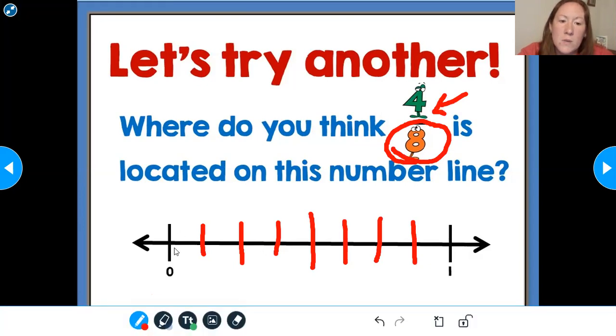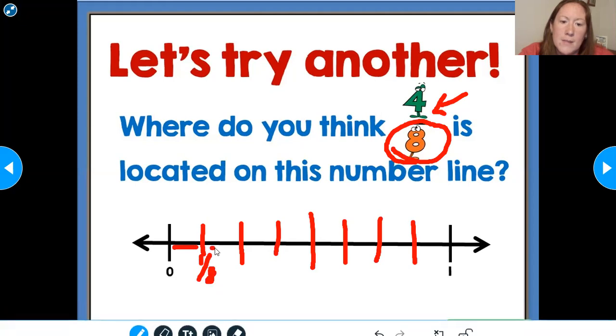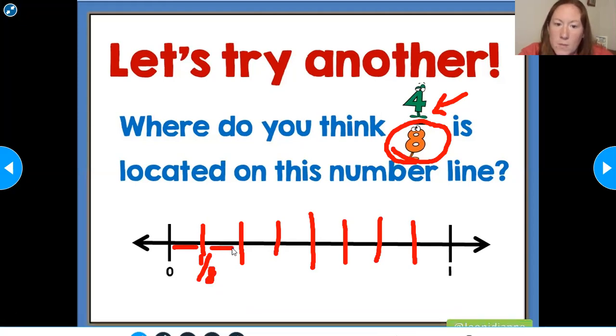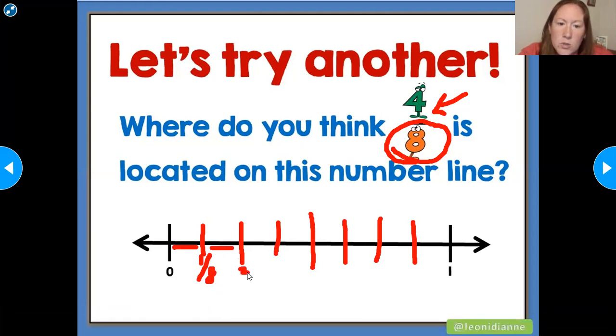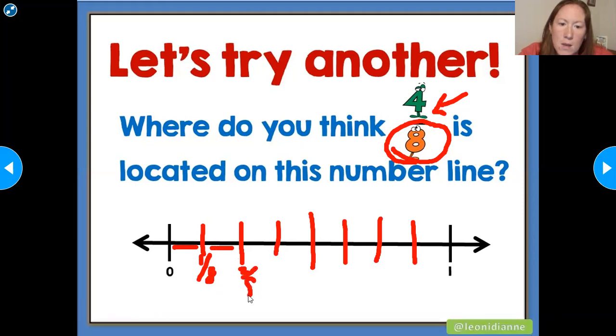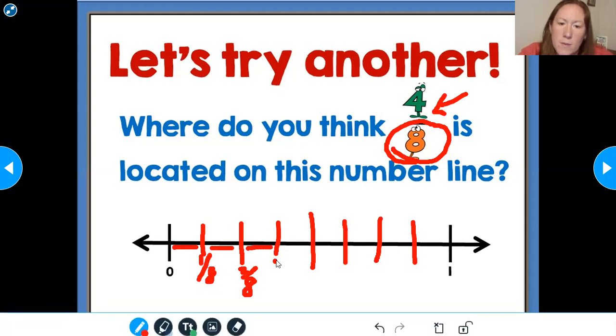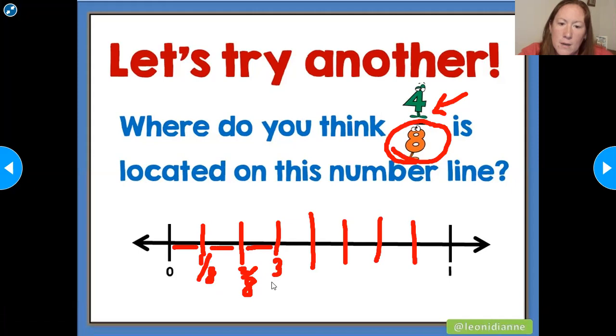4 spaces. So this would be my first space, or 1/8. My second space, 1 more eighth, or 2/8. There we go. Plus 1 more eighth would be 3/8.